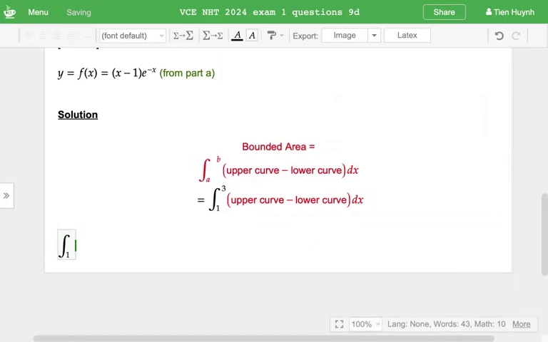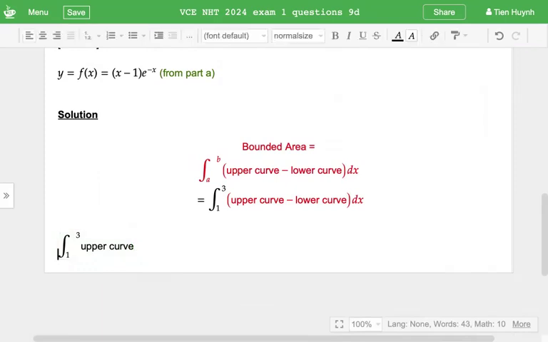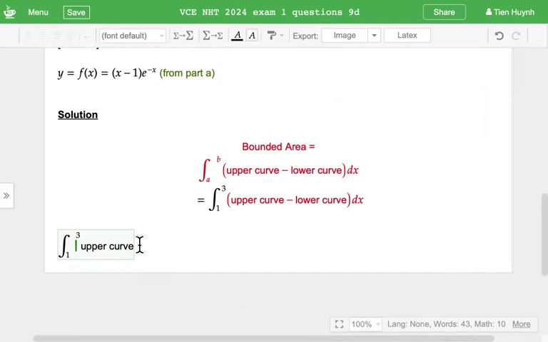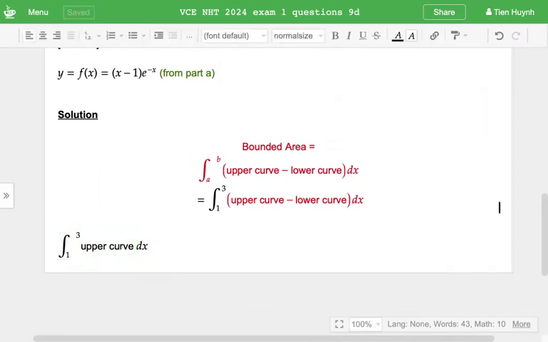That would be from 1 towards 3 of the upper curve, dx, right?